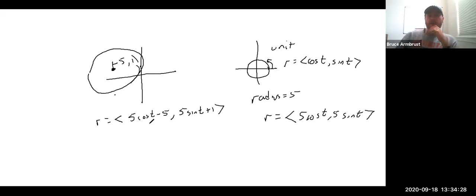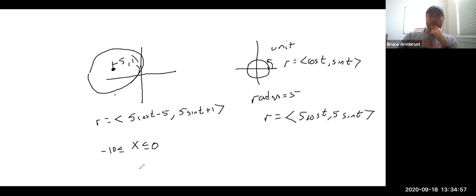I'm pretty sure I want it like this, because think about what cosine does. Cosine goes between 1 and minus 1. And so when it's 1, I get 5 minus 5, which is 0. So that's telling me the biggest my x is going to be is 0. If cosine is negative 1, then I get minus 10.